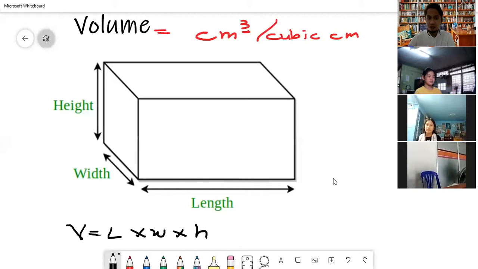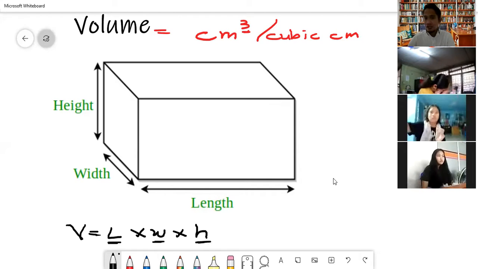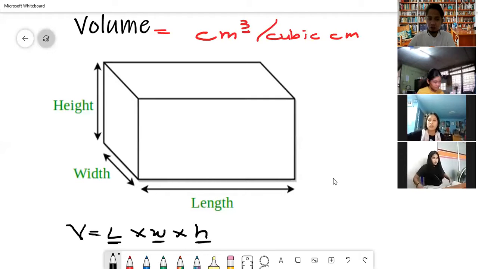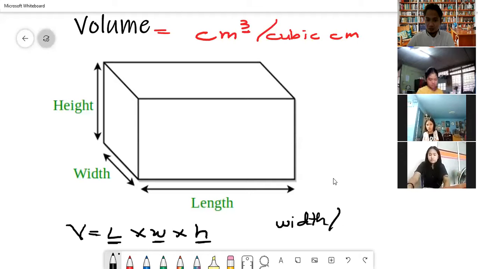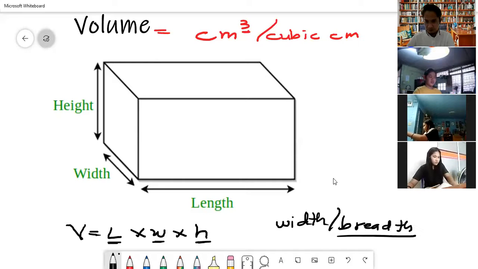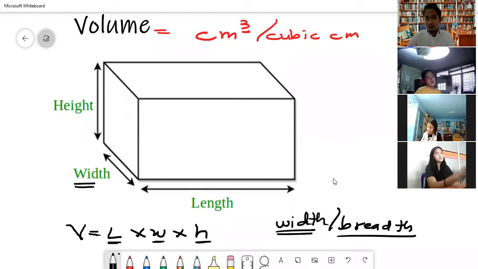The question here, where is the length? Where is the width? Where is the height? In your new book, instead of the word width they use breadth, so that is still the same. I am going to use width because that is so familiar.